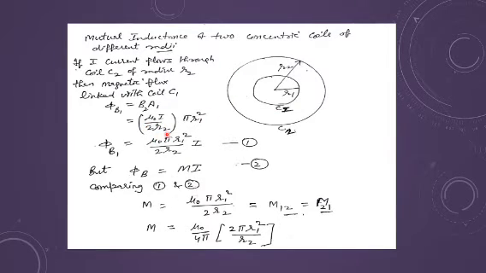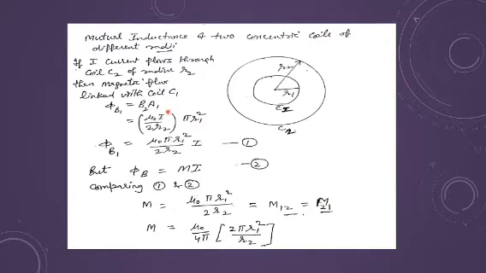Because these derivations for the magnetic field we have already done in the chapter of magnetic effects of current for the circular coil, for the solenoid. So all this should be in your mind and you should be able to use these formulas directly, and area you can write as pi R1 square.